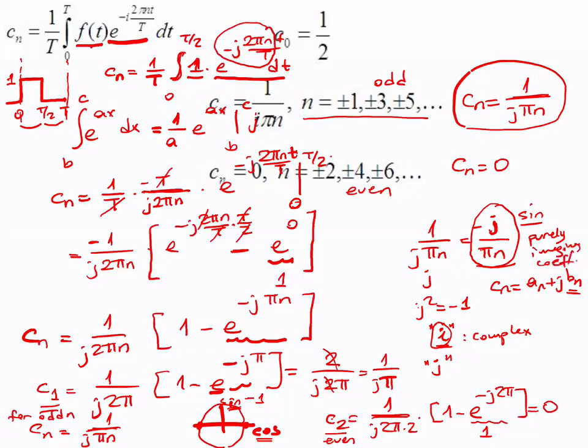So if it is purely imaginary, that means it's only sine signals. If it were purely real, then it would be a cosine signal. If it is like 1 plus j something, then both sine and cosine exist in the signal. Okay, so for now, that's the end of this part.